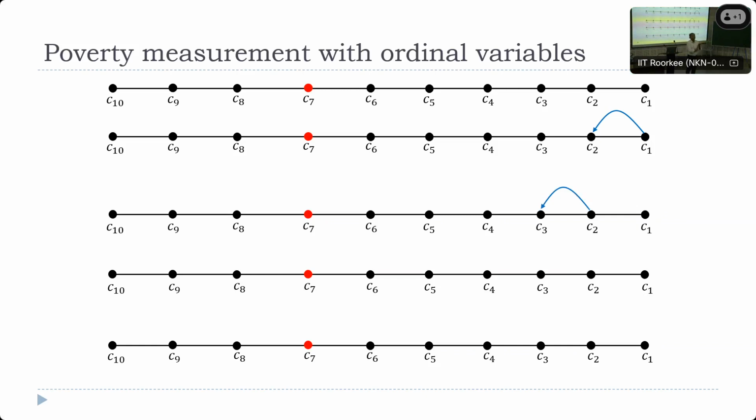Now my question to you, which of these two situations? Here also poverty has gone down, right? One person has moved from the poorest to the second poorest category. The poverty must have gone down by ordinal monotonicity. Here also a person has moved from C2 to C3. Poverty should go down by ordinal monotonicity. My question to you, what do you prefer? Should we have a larger reduction in poverty here or a larger reduction in poverty here?